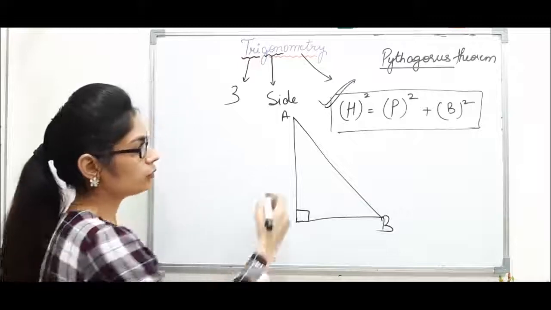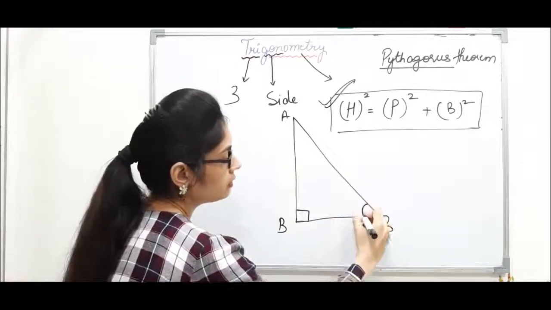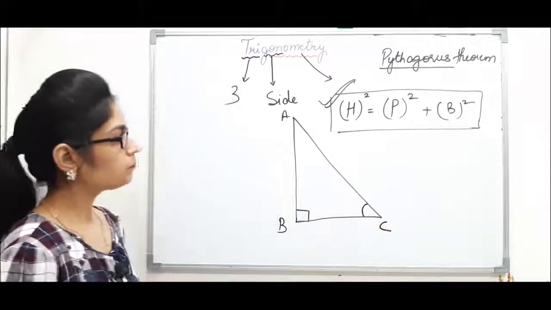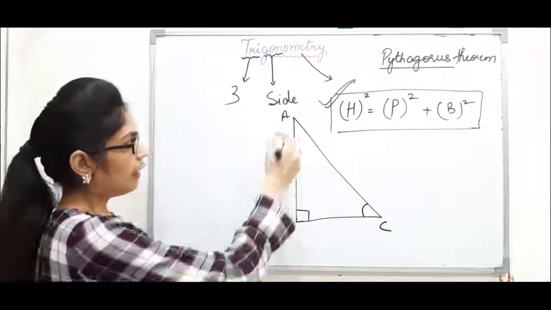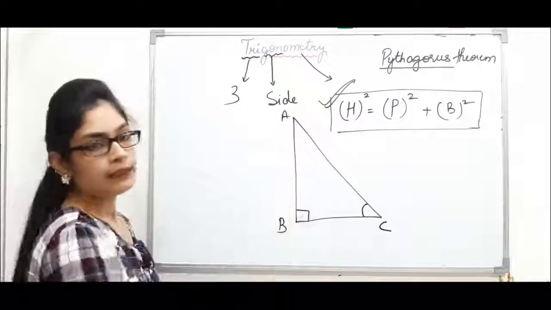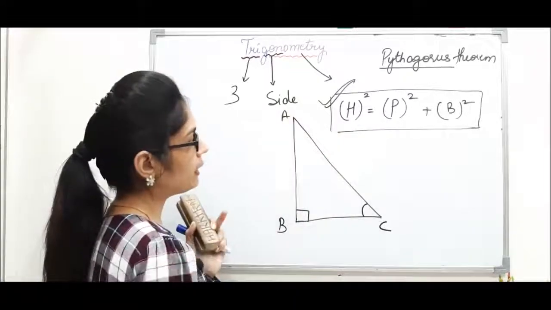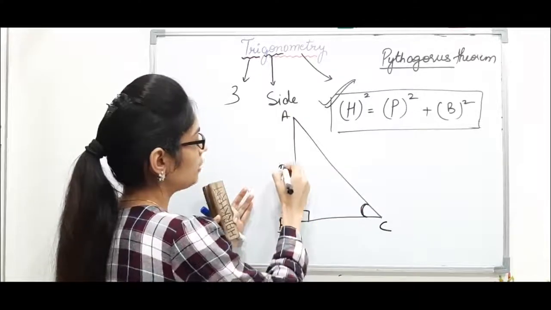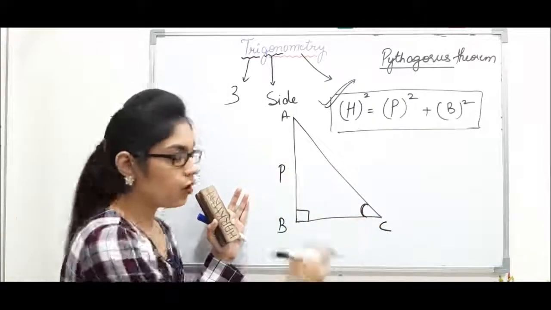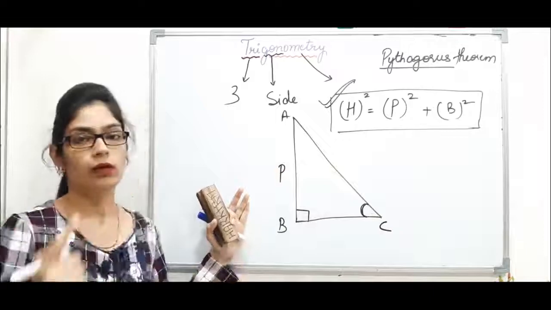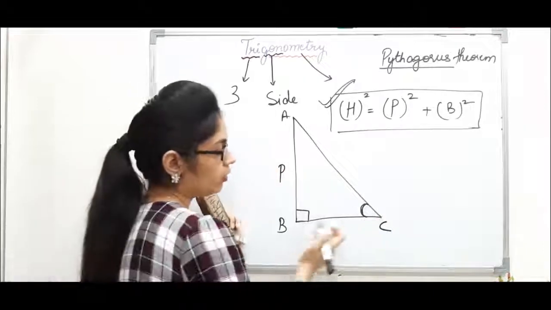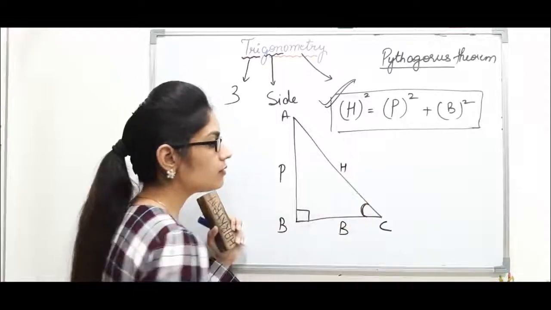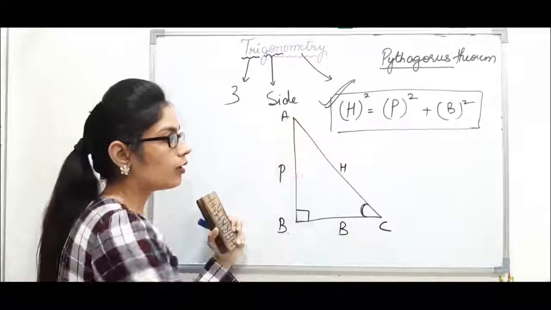Now the other thing, here I will write, this is angle C, because I have taken triangle ABC. If I am taking angle C, this is perpendicular because opposite of this angle will be perpendicular. Adjacent of this angle will be base, and hypotenuse will always remain the same because it's the longest side of the triangle.